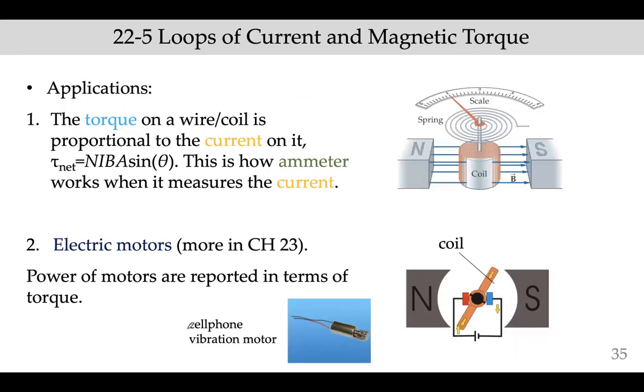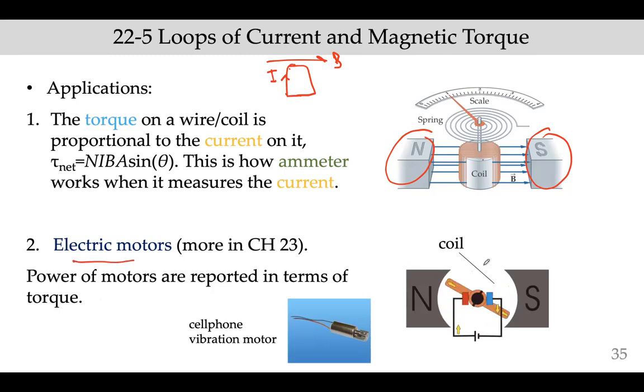Okay, what are the applications of these loops? What happens when you have a loop with current on it, put in a magnetic field created by magnets, and current passes through that coil? One application is electric motors. We talked about it in the previous slide a little bit.